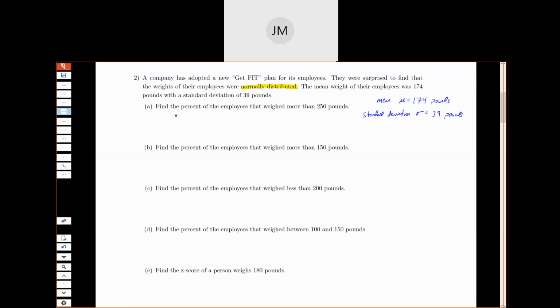So if I want to find the percent of employees that weighed more than 250, as a probability statement, I want to find the probability that my random variable x is more than 250.